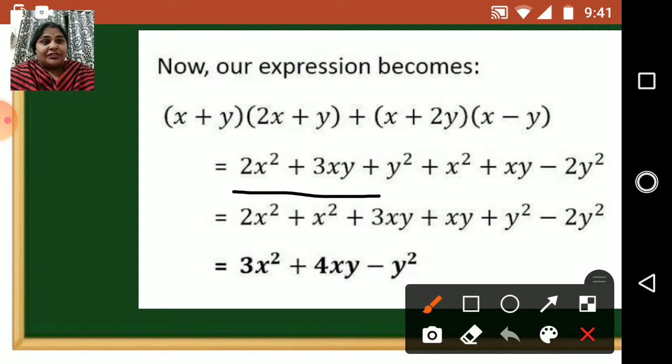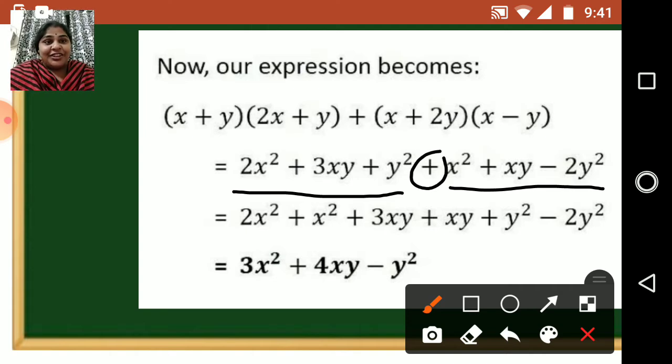So this was our first expression, simplified, and this is our second expression, simplified. So here we are adding now, right? While adding, you have to see wherever there are like terms, you will add, and unlike terms you will write as they are.